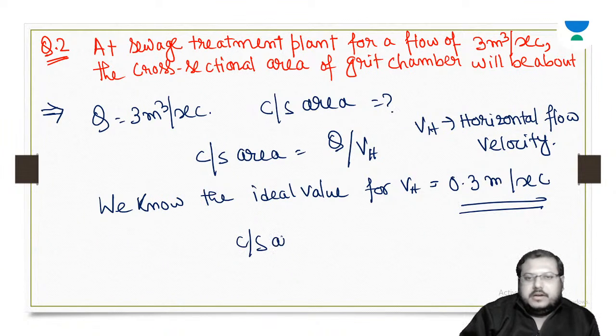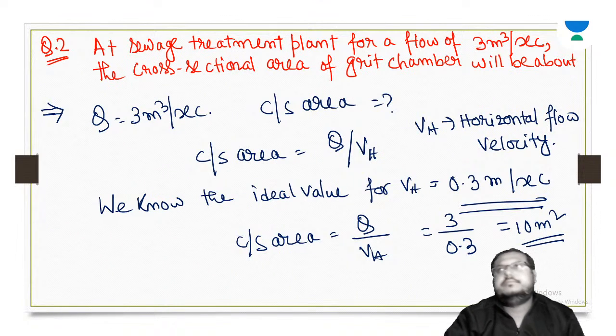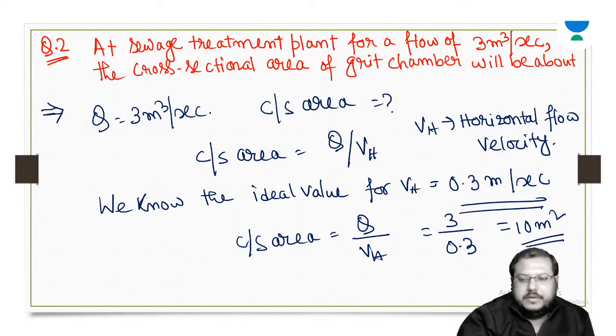So cross sectional area will be Q by VH, which is 3 meter cube per second by 0.3 meter per second. Will be 10 meter square. Okay.